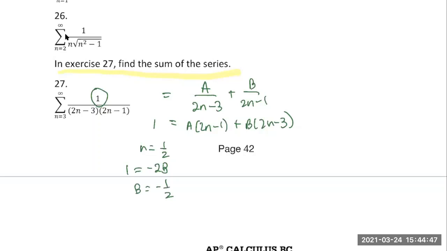To do the same thing on the flip side, instead of letting n be equal to 1/2, you can let n be equal to 3/2, and that's going to cancel out your B. So when you plug in 3/2 on the other end, you have 3/2 times 2, which is 2A, equal to 1, so A is equal to 1/2.